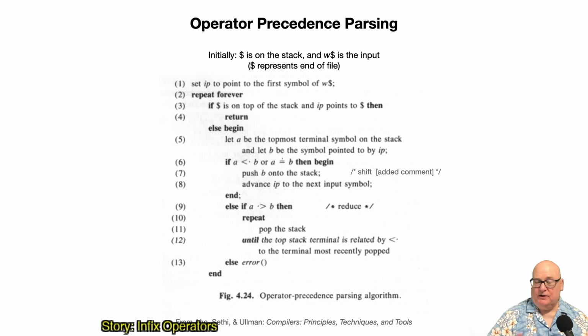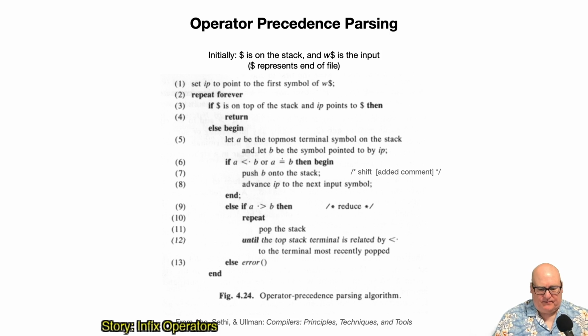If it's greater, then you do what you call a reduce, which is kind of consolidating, and you're going to pop the stack until you get somebody who's a less than, okay, and so it can kind of consolidate multiple levels, I guess, too. If it's neither less than nor greater than nor equal, I guess you have an error. I'm not sure. There's sort of an implicit blank, I guess, that's an error.